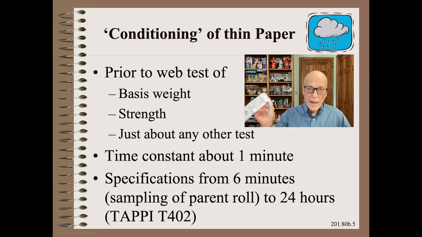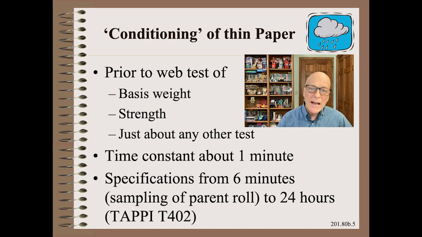Conditioning of thin paper to equilibrium with standard lab conditions of 20 degrees C and 50% RH is important prior to testing to normalize the results. This is especially important for basis weight and strength because they are so very dependent on moisture, but it's also important for just about any other test.